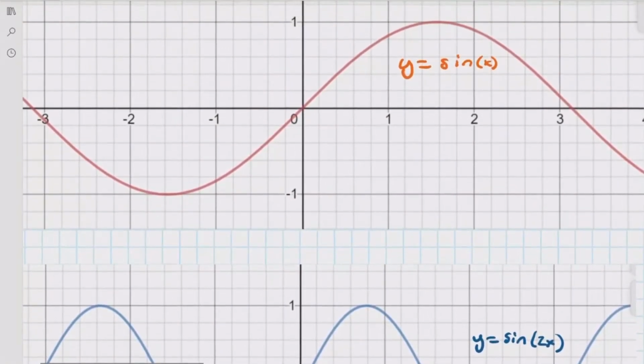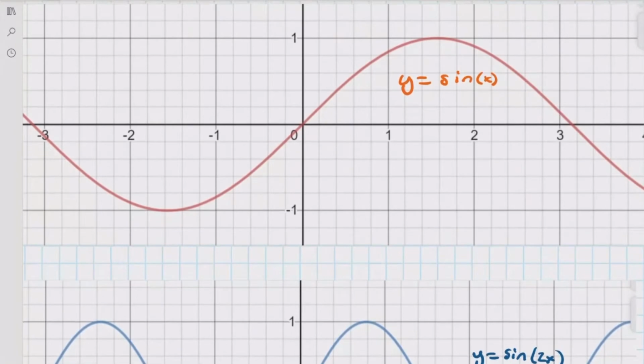Here, we have y equals sine of x. And then if I take dy over dx when x equals 0, I want the derivative of this when x equals 0.